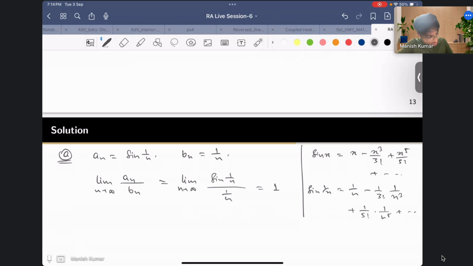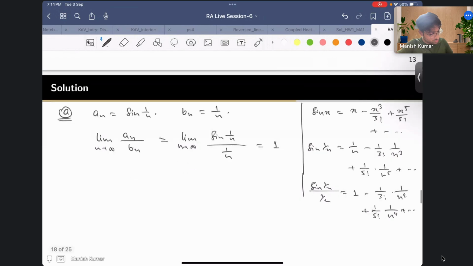Now if you divide by 1 by n, sine 1 by n upon 1 by n is 1 minus 1 by 3 factorial times 1 by n square plus 1 by 5 factorial times 1 by n4 and so on. Now this converges to 1 because each of these terms will go to 0.